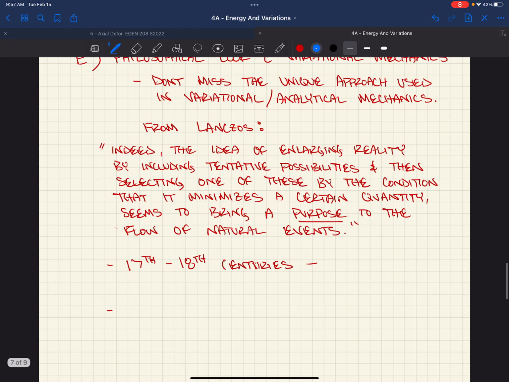Well, in the 17th and 18th centuries, there was a big push. We wanted to find that purpose or order or reason in nature.